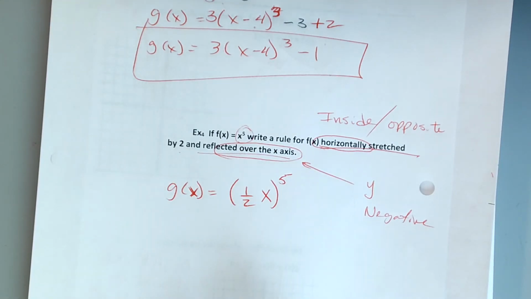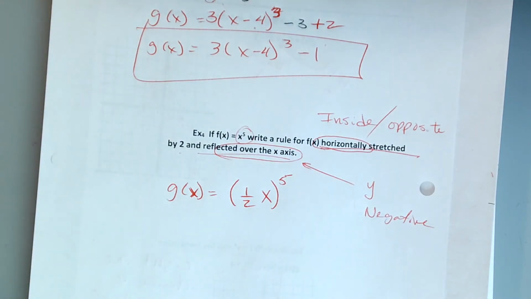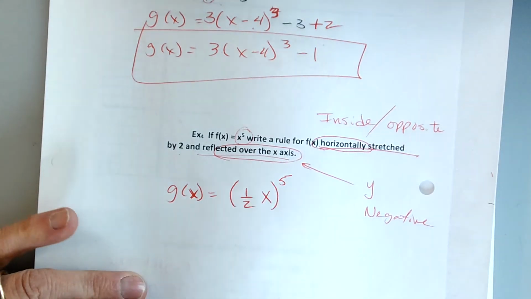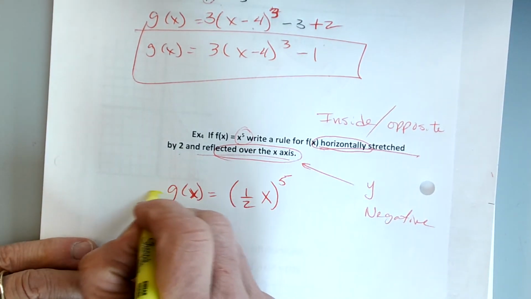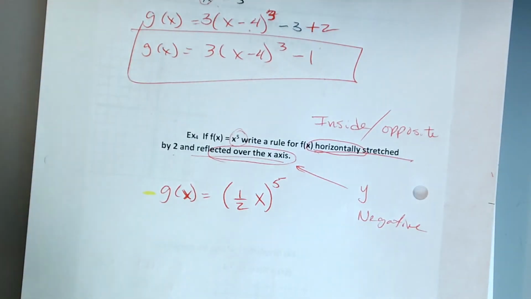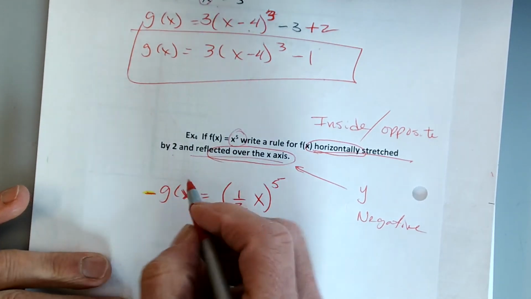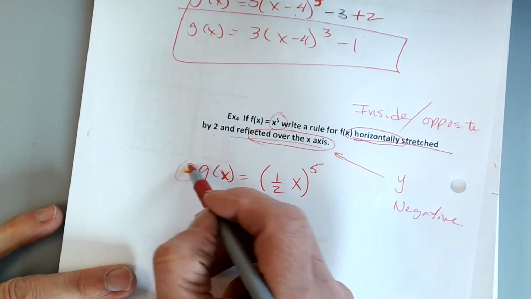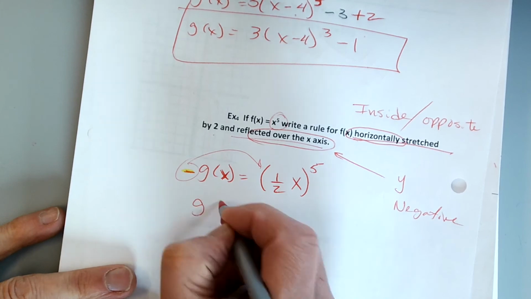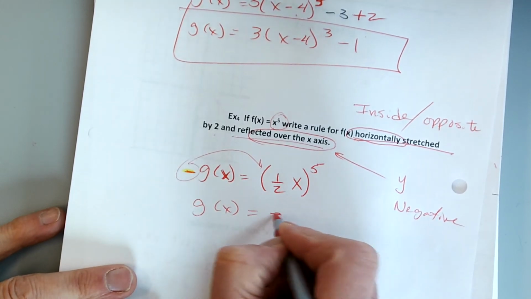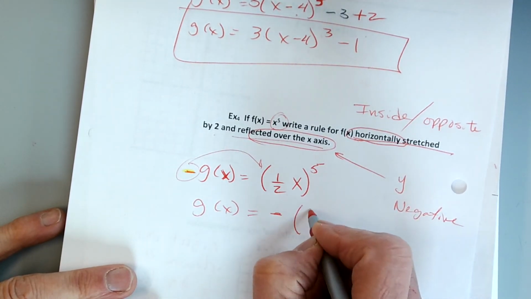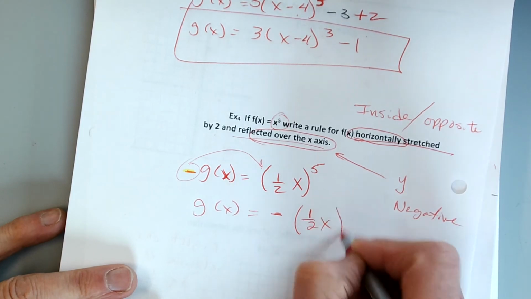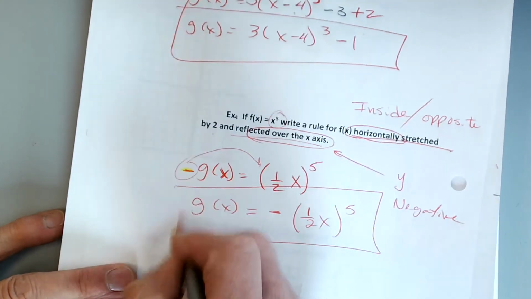And then the next thing I'm going to do is make the y negative. So g of x is equal to negative (1/2 x) to the 5th. That's a little bit harder.